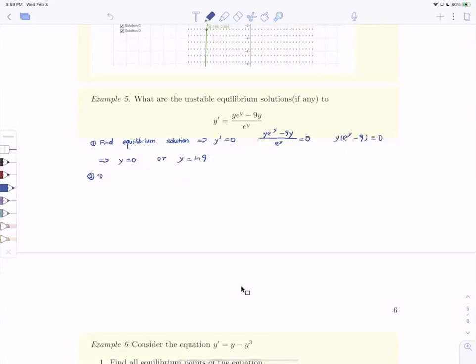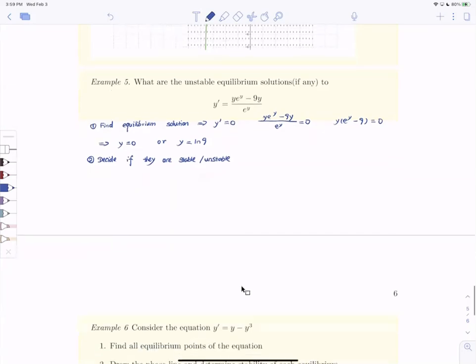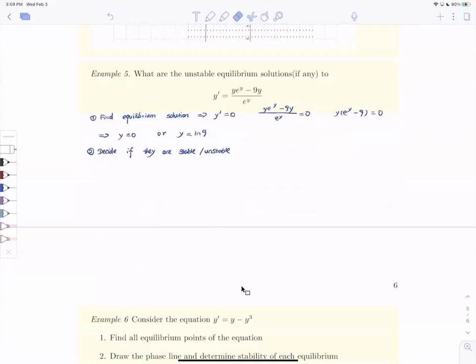So decide if they are stable or unstable. What I'm going to do is make a chart.